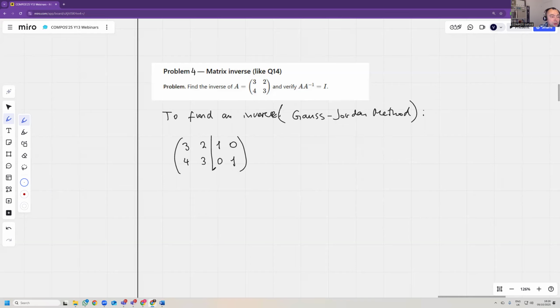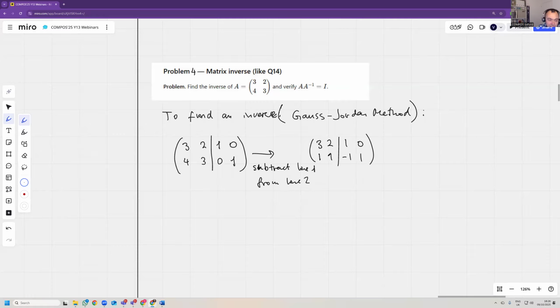And then you do operations on the rows of the matrices such that you obtain an identity matrix on the left. So for example, here, I'm going to subtract line 1 from line 2. And we get 1, 1. On here, we get -1, 1. Line 1 doesn't change, so 3, 2, 1, 0.